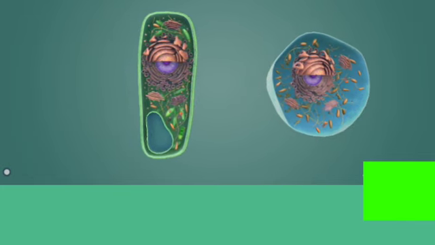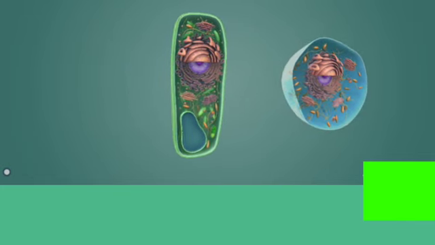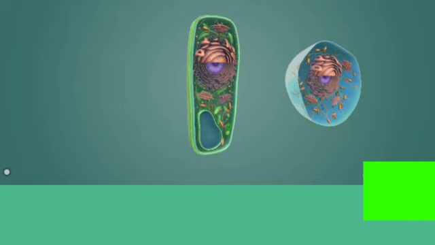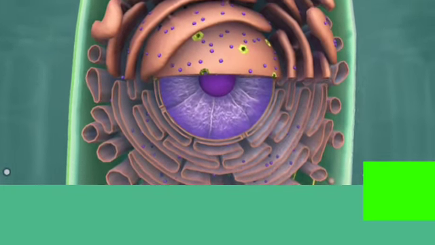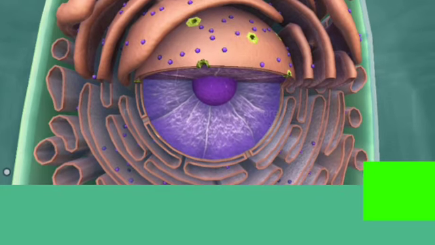The cell membrane in plant cells is enclosed in a cell wall made of cellulose. Plant cells commonly contain both a vacuole, which is a bubble within the cell filled with nuclear sap, and photosynthesizing chloroplasts.